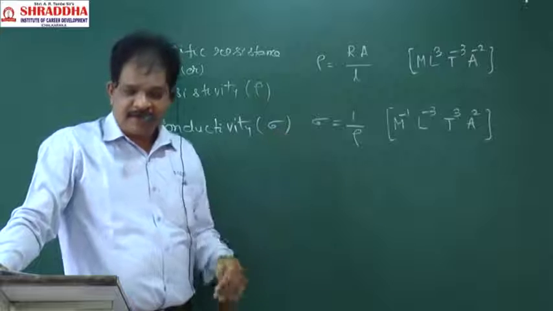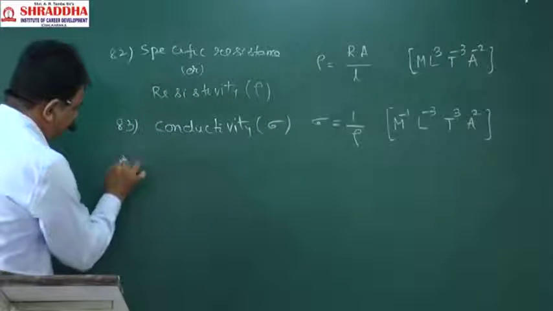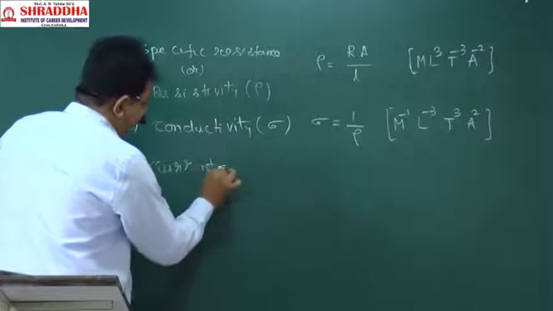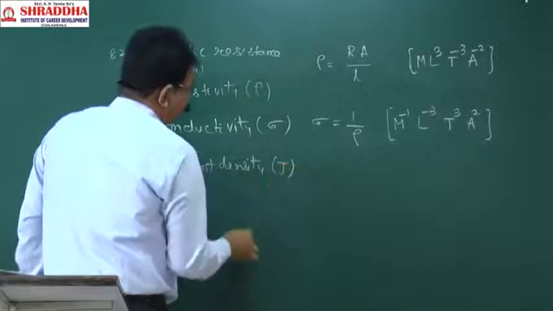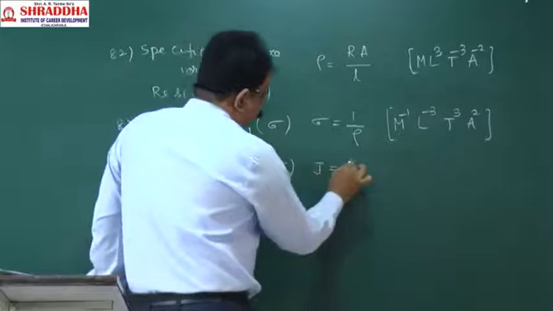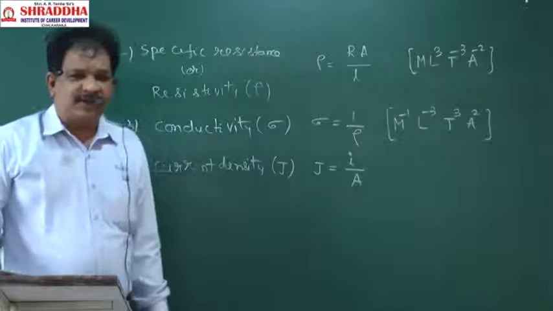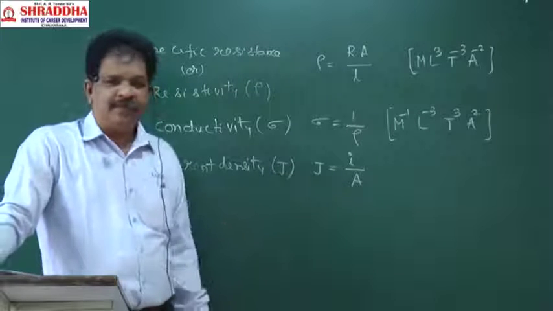Clear? Next, what is the dimensional formula for current density? Current density means current per unit area of cross section. That will be called the current density.